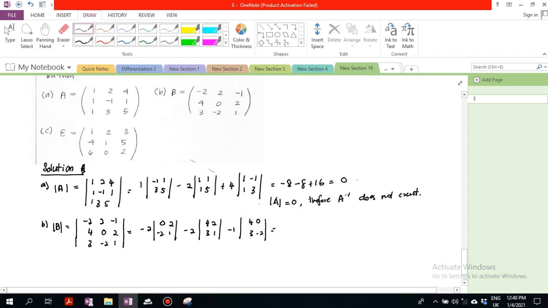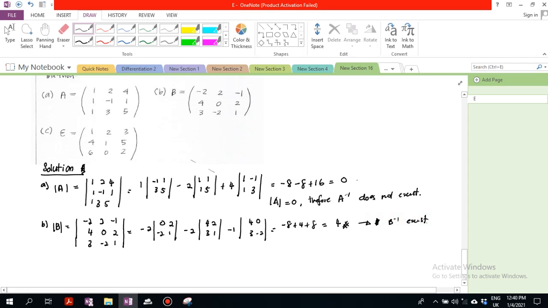So when you calculate this one, you will get negative 8 plus 4 plus 8, so you will get 4. So there is an inverse of the B matrix, this exists.